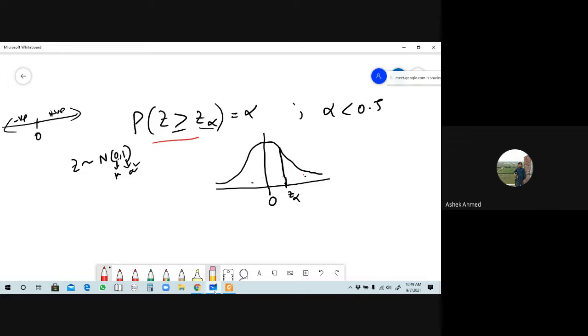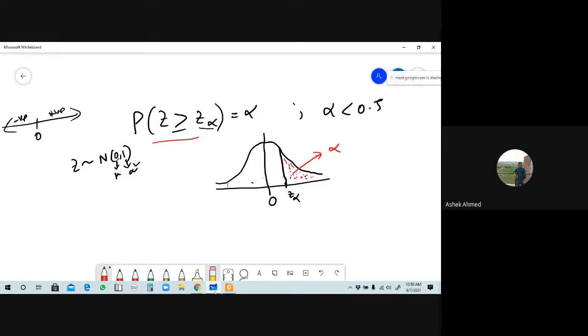In the normal graph we have two tails: this is called the left tail, this is called the right tail. So this represents the right tail. That means this area will be alpha. Understand? So this is alpha.